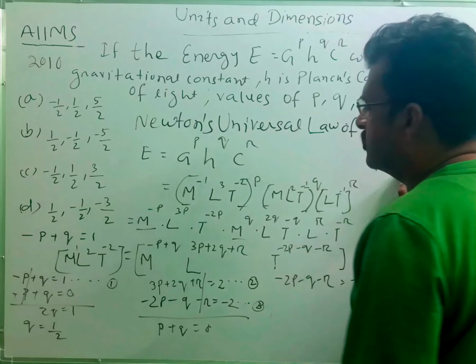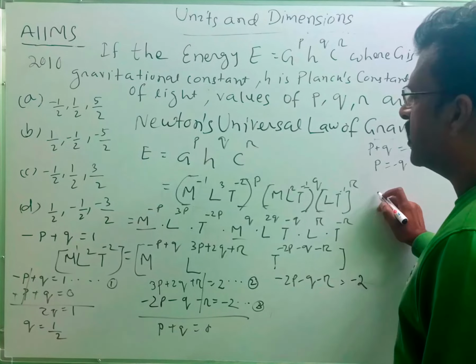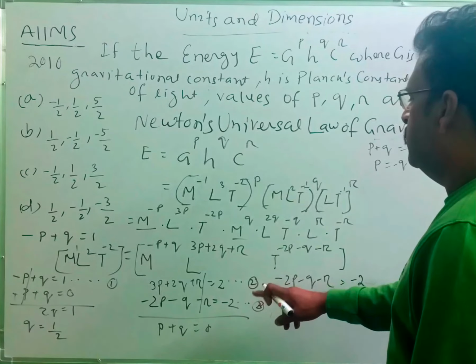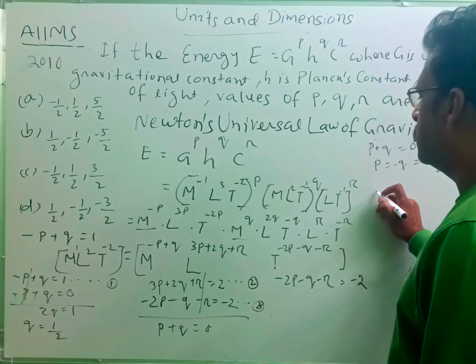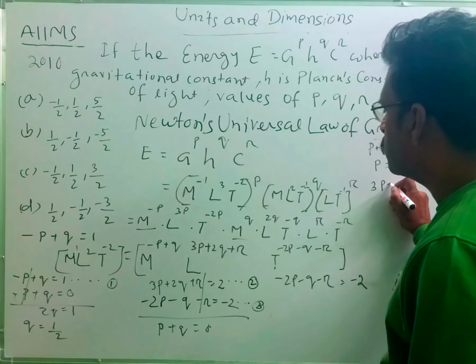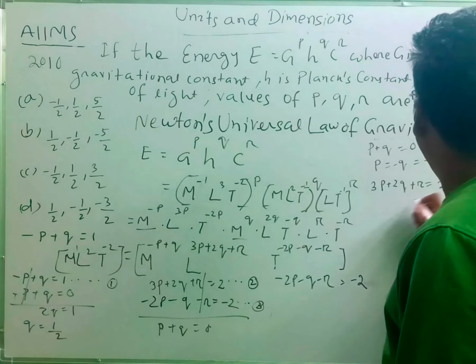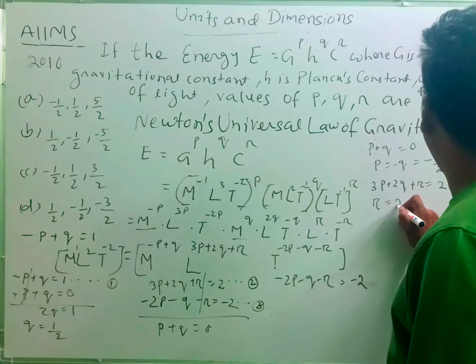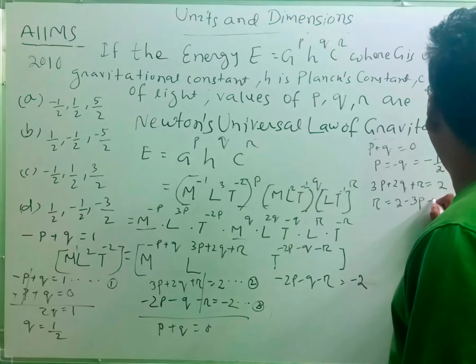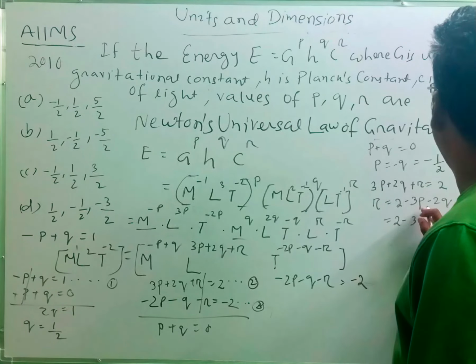Q is half, so p is minus half. And what is r, student? 3p plus 2q plus r is equal to 2, or r is equal to 2 minus 3p minus 2q, which is equal to 2 minus 3 into p.